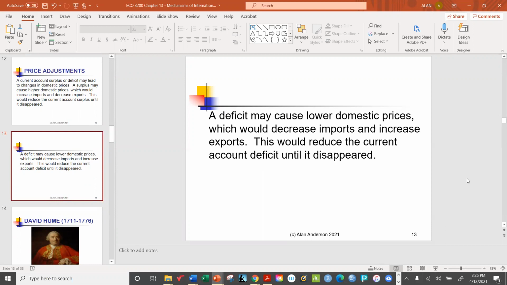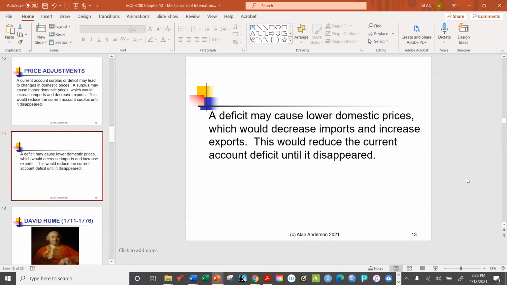The U.S. current account deficit just seems to keep getting worse all the time. So there must be some flaw in this argument. But the notion of this adjustment through prices came about during the 18th century when circumstances were very different. Specifically, most countries were on the gold standard, and we're going to see what difference that really makes to how prices adjust in response to a current account surplus or deficit.